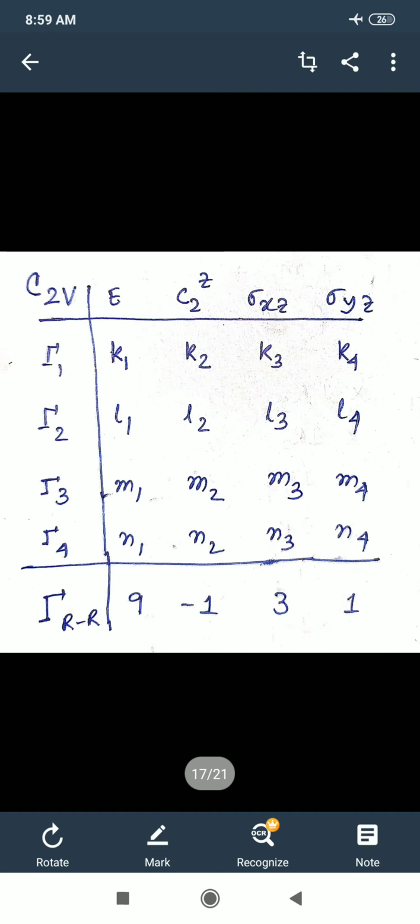So according to rule number 3, K1 square plus K2 square plus K3 square plus K4 square is equal to h, that is 4. Or L1 square plus L2 square plus L3 square plus L4 square is equal to 4. Or M1 square plus M2 square plus M3 square plus M4 square is equal to 4, like that. So that is very easy.